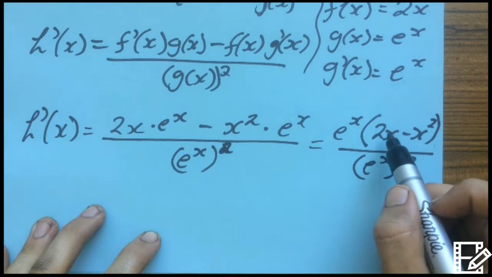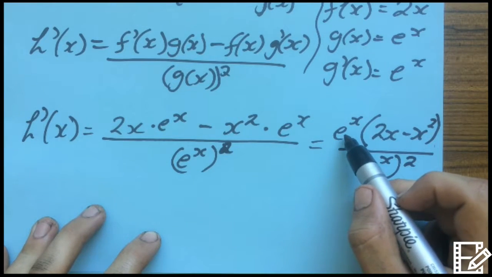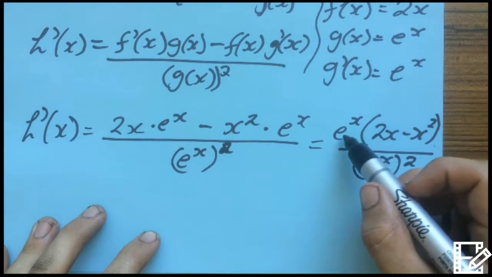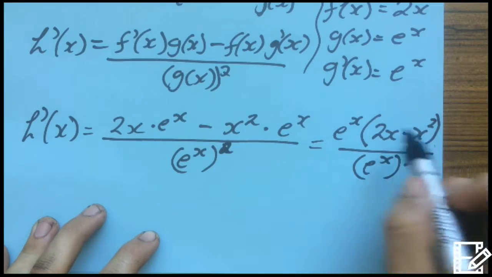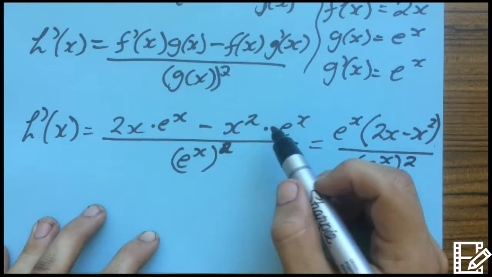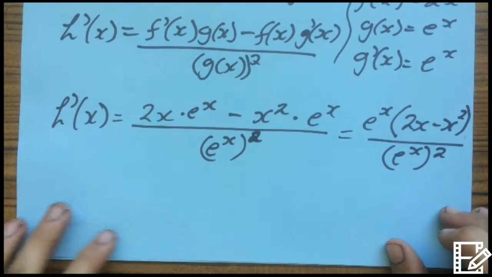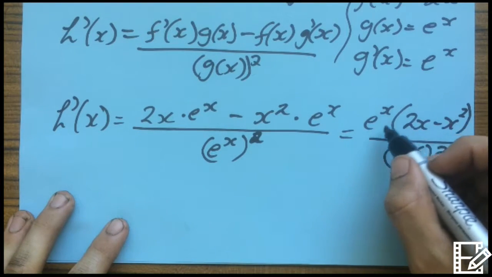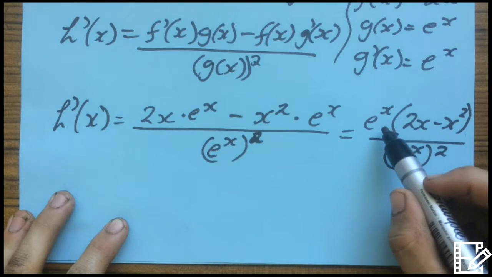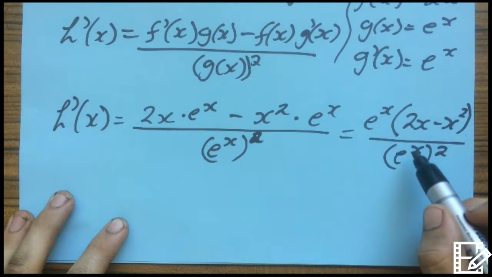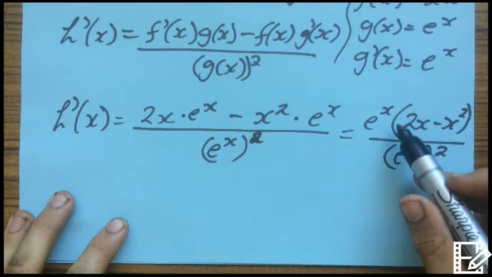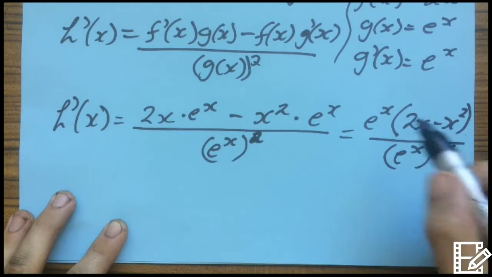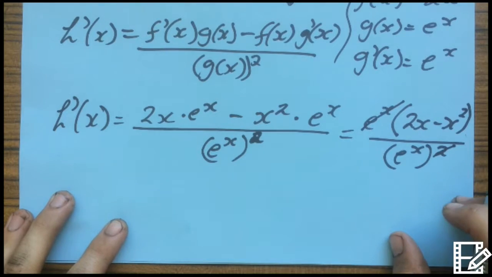If you were to expand these brackets, you'd be multiplying e^x by 2x, same as here, and then multiplying e^x by negative x squared, which is the same over here. And so now you can see that we have e^x, and because we have it over e^x squared, we can take the square away, and we can also take this whole e^x away.